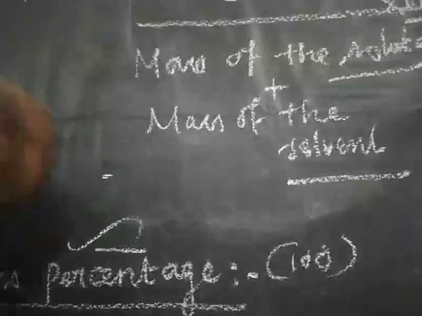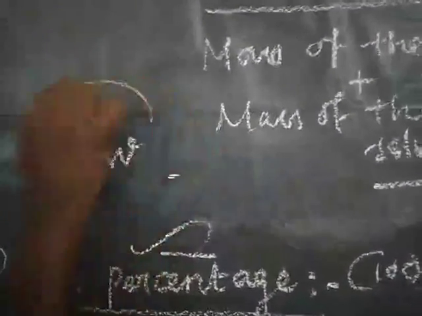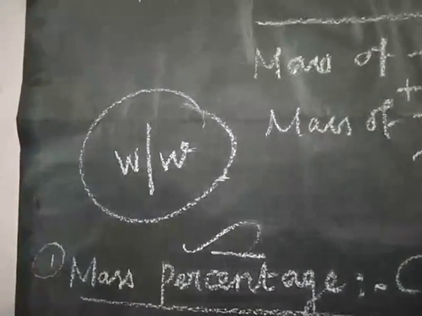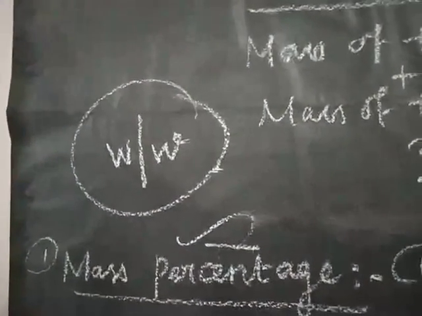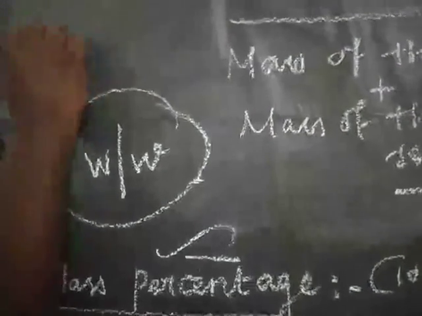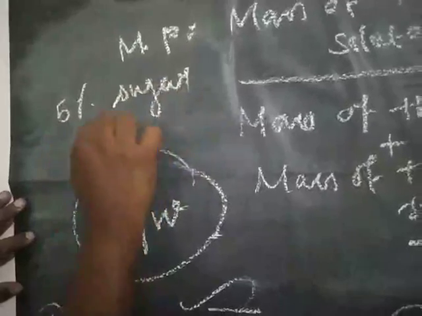In what way do we express the mass percentage? Weight by weight, w/w. It is the unit used to express the mass percentage. For example, a 5% sugar solution.